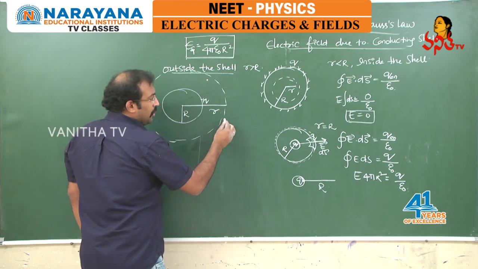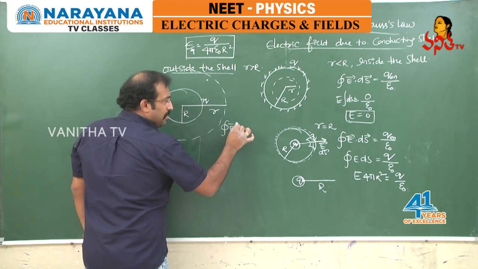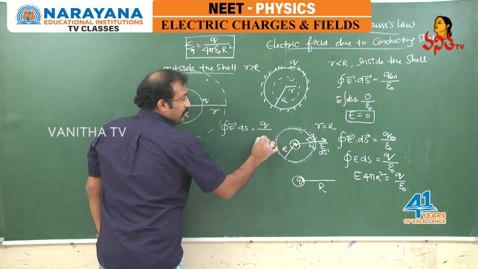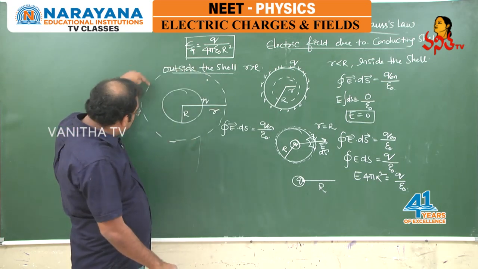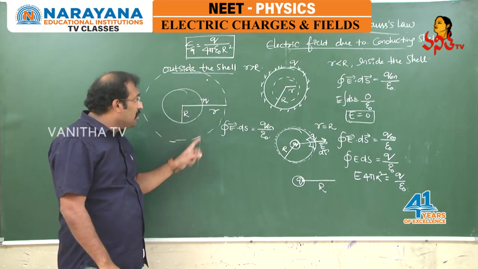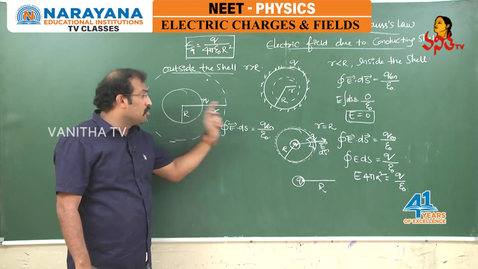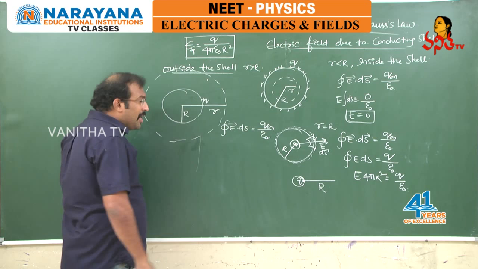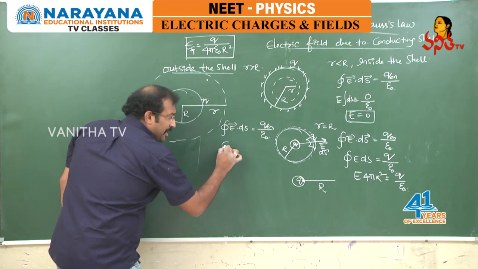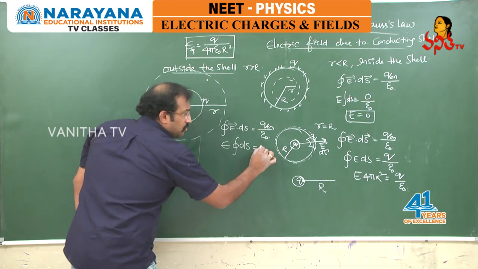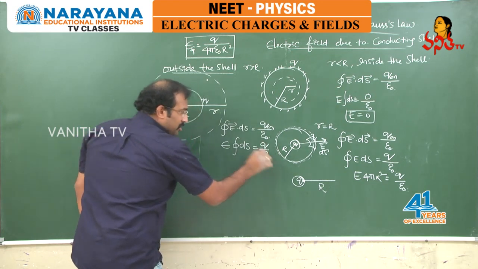Now I will write the Gauss law: the closed integral of E bar dot ds bar is equal to Q enclosed by epsilon naught. This Gaussian surface encloses the entire charge plus q, so the charge enclosed is plus q only. Now this can be written as E times the closed line integral of ds equal to q by epsilon naught.